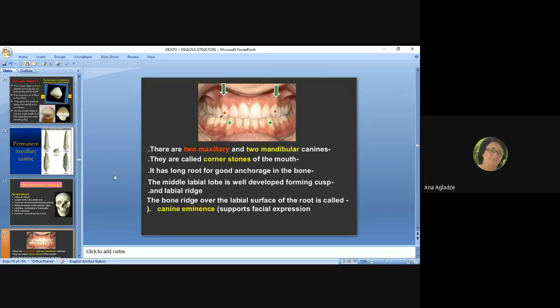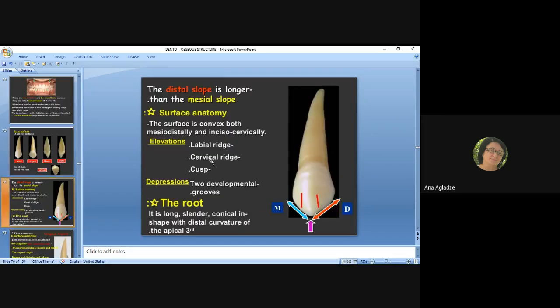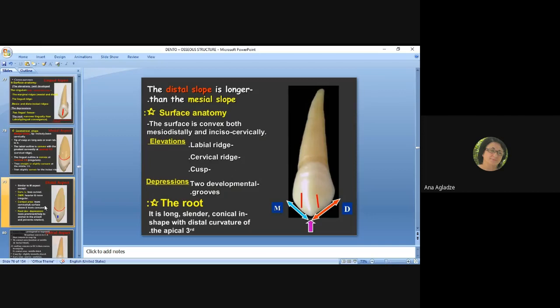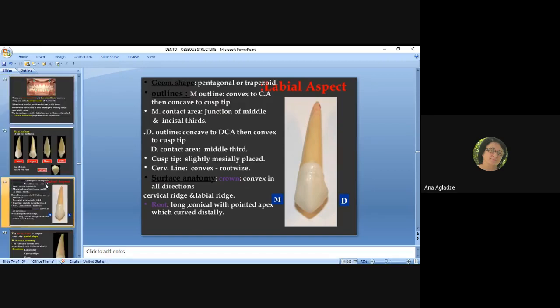Yes, and let's begin description. This has also five surfaces or five aspects. Let's begin from labial aspect. You can see these are mesial side, this is distal side, and the mesial is shorter than distal.